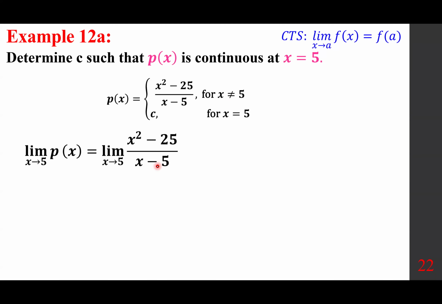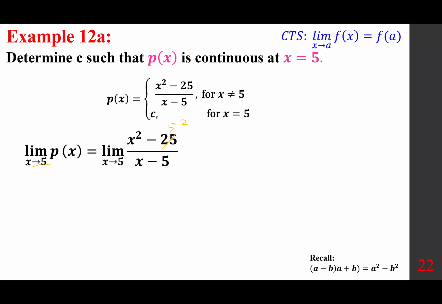Notice we plug in 5, we get 0 over 0. The technique is factoring. The numerator is a squared minus b squared, so this is x squared minus 5 squared, so x minus 5 times x plus 5.